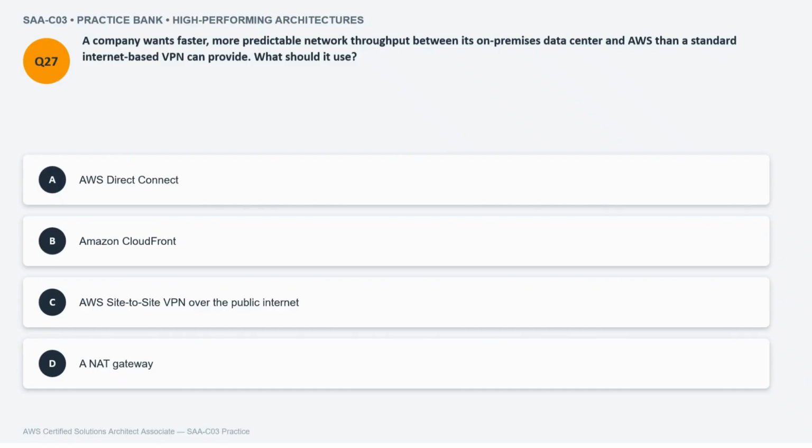So here we are asking for what a standard internet-based VPN cannot provide for on premises, so we can go with AWS Direct Connect, because it provides dedicated, private network connections with consistent high throughput and lower latency than internet-based connections. They are asking for network throughput and faster, more predictable.